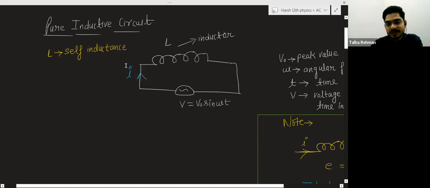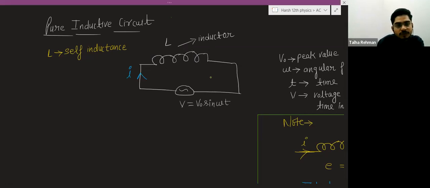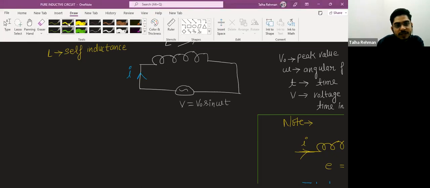This current will be a changing current because this is alternating current. If this current is changing, the inductor will oppose the flow of current by inducing an EMF.